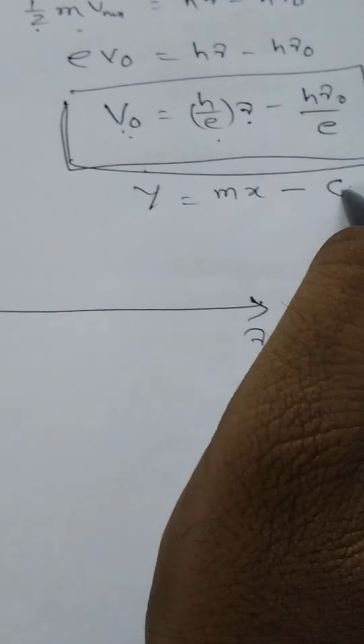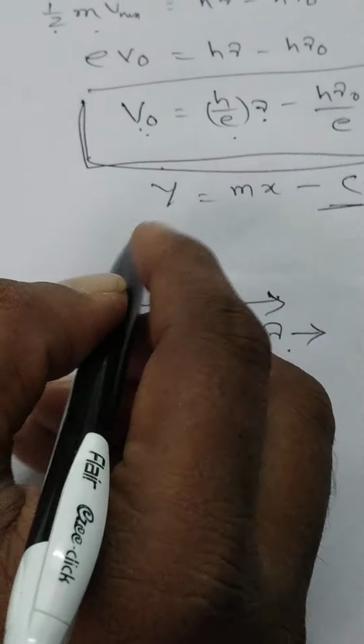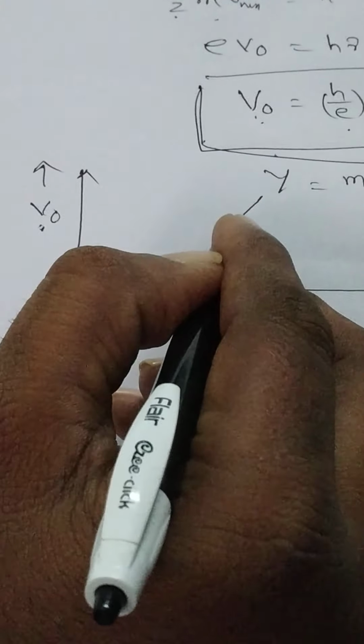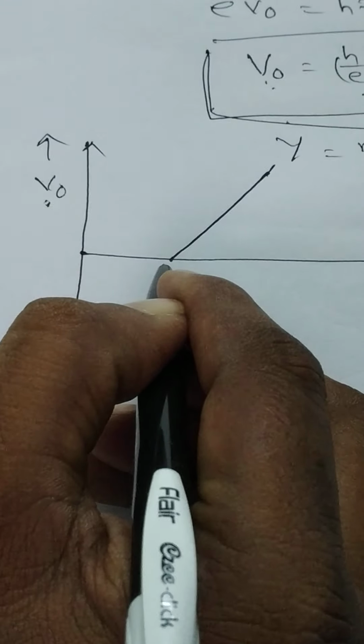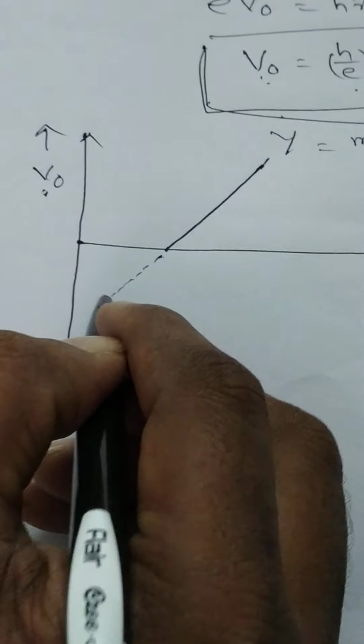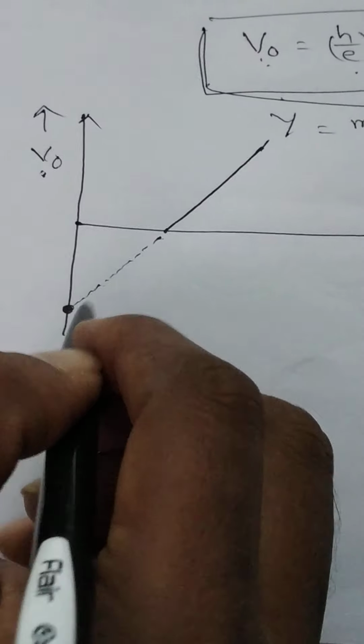This equation represents a straight line having a negative y-intercept. That's why the graph between V naught and nu is a straight line. It is extended in the backward direction and may intersect the y-axis in the negative direction.